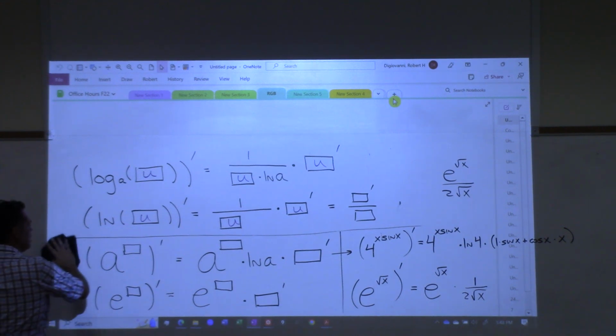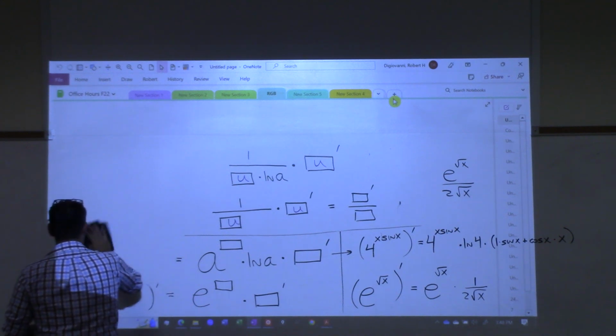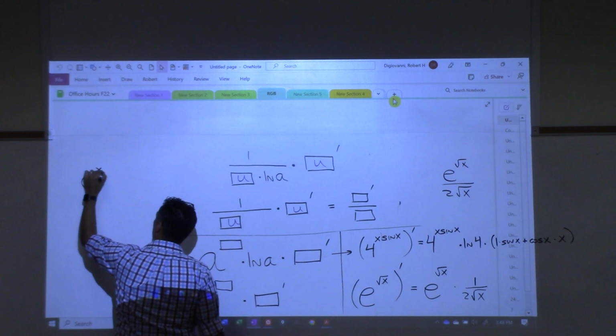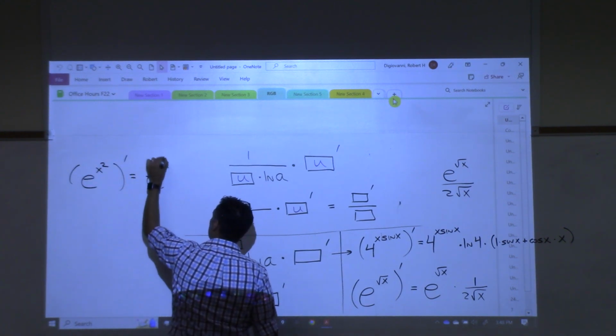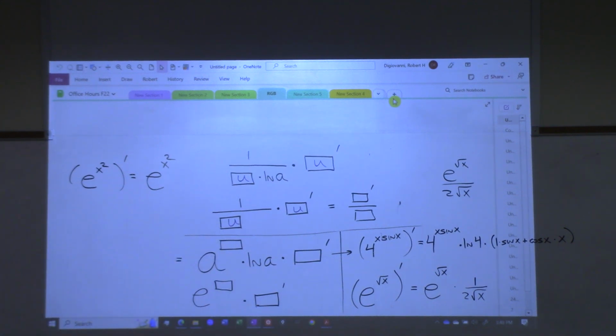Because what will happen is I'll get students who get to a test and they're all panicked because it's a test, and they'll do something like e to the x squared, and they go to take the derivative and think, oh, I remember, the derivative is just itself. That's not right, right? What are you missing? Times 2x.